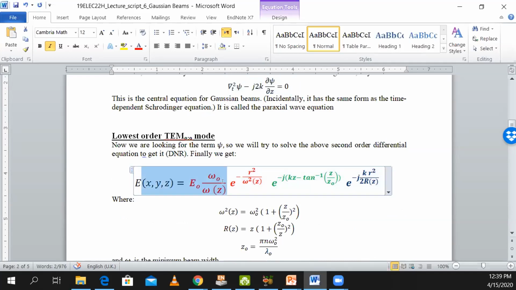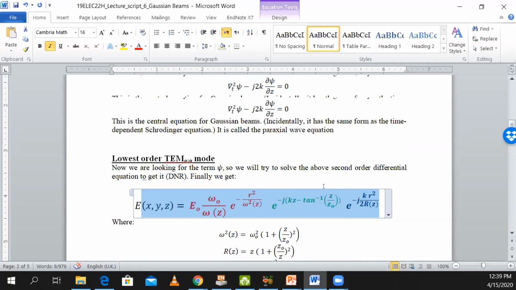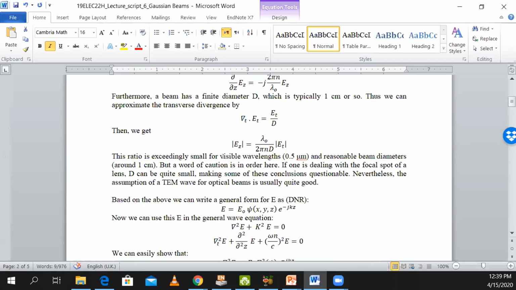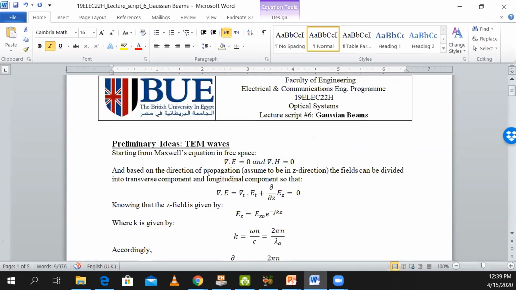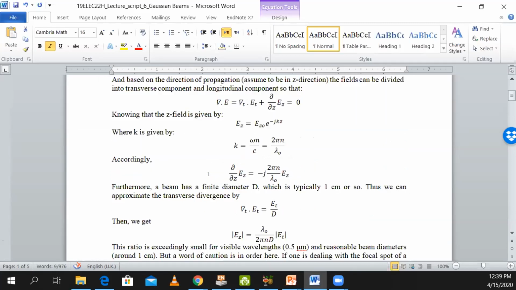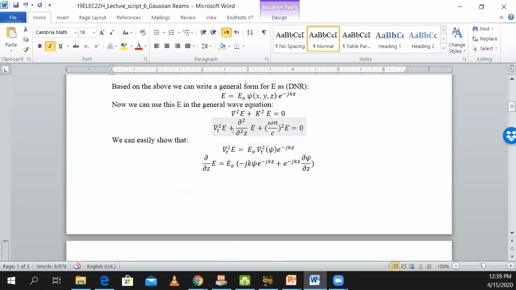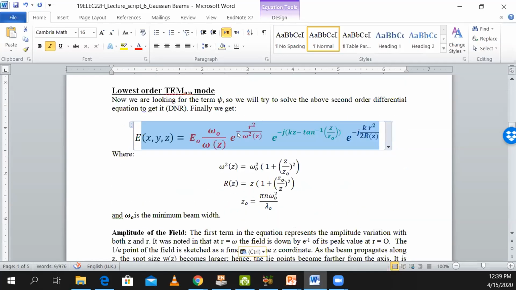It is the exact solution of Maxwell's equations after assuming a quasi-TEM wave in the case of light propagation, where Ez is much, much smaller than Et. The most important part of this lecture is to try to understand this equation. This is a very general and very important equation in optics.